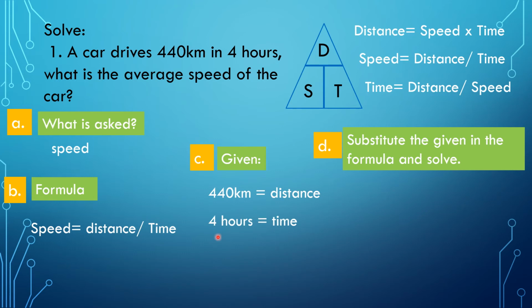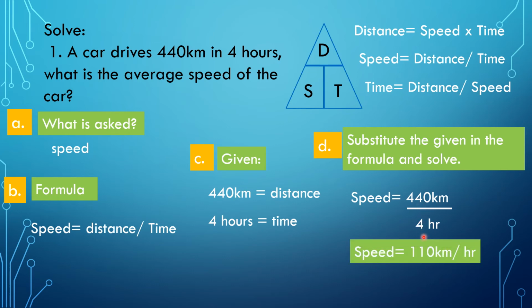And 4 hours, that's the time. So simply, you substitute in the formula: speed is equal to 440 kilometers divided by the time, which is 4 hours. And then 440 divided by 4 is equal to 110 kilometers per hour.